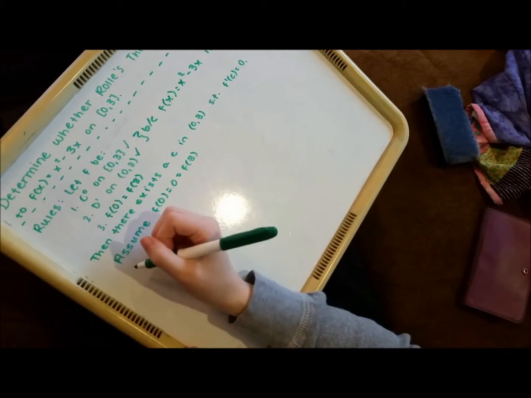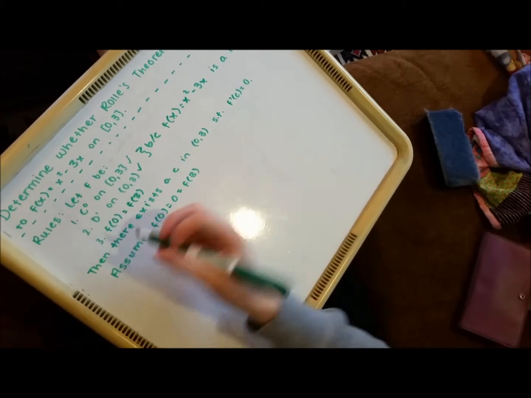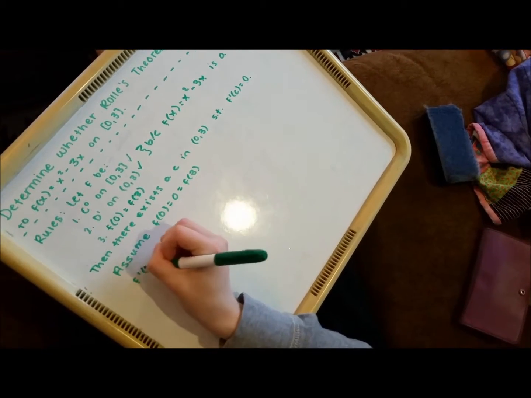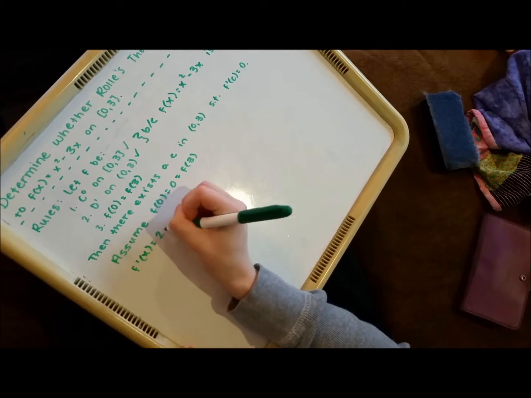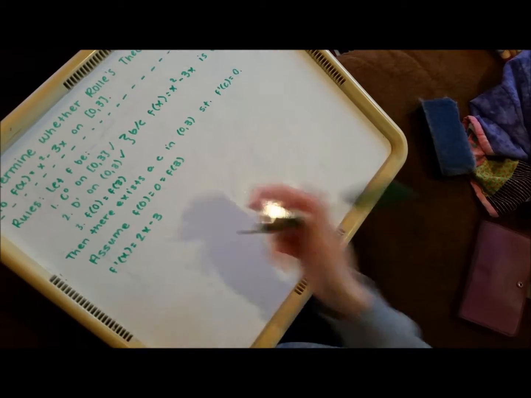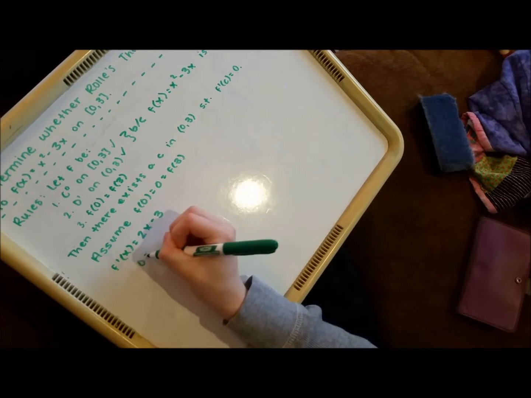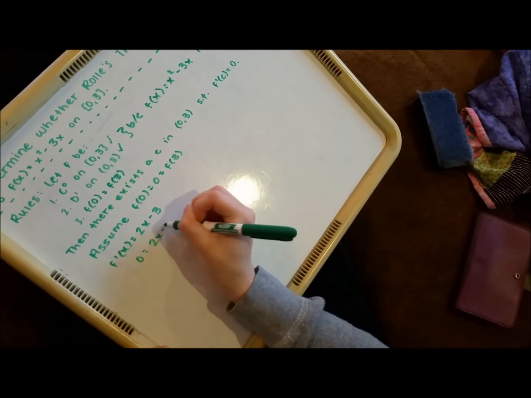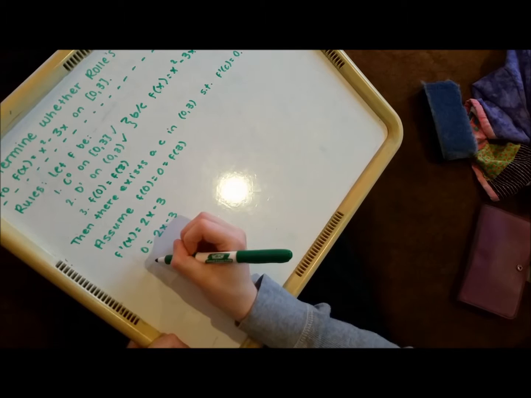We then find the derivative of f(x), which is f'(x) = 2x - 3. We can then set this equal to 0 and find our x.